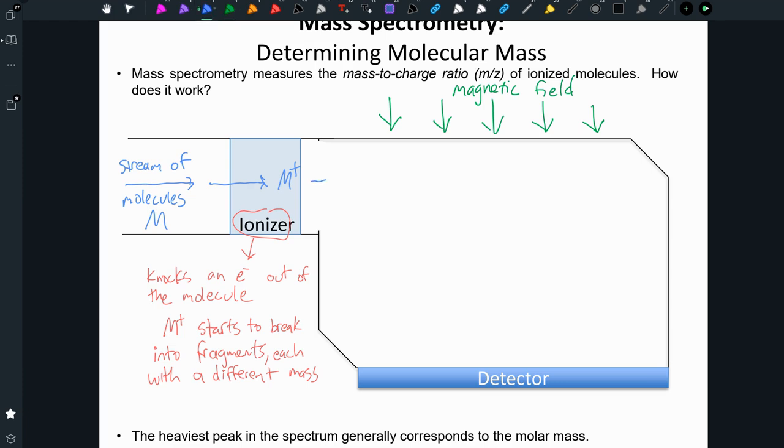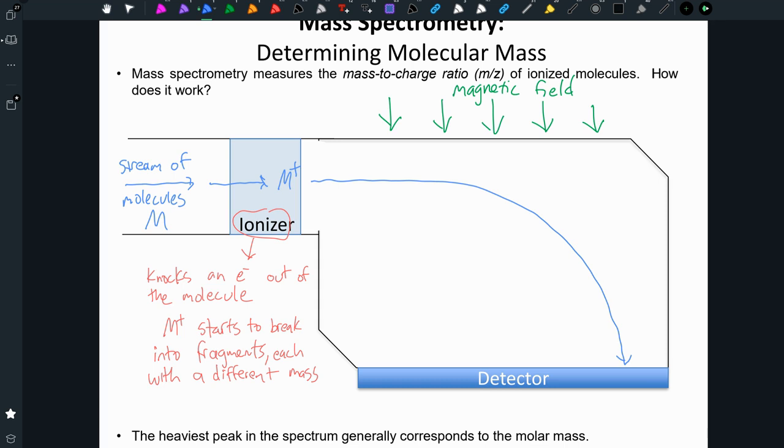So all of my particles are going to start to follow a curved path, because this magnetic field is going to cause them to accelerate down towards the detector. Now, the molecules of M plus that stay together will go the farthest because those are the heaviest ones.